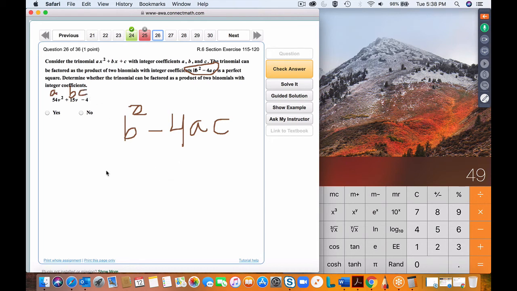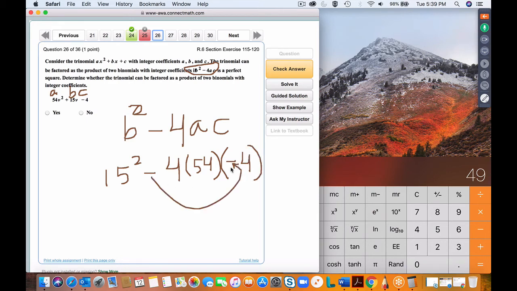Notice that we have 15 squared minus 4 times a, which is 54, and then c, which is minus 4. Notice that we have two negatives, so you don't have to worry about the negatives because everything becomes positive.